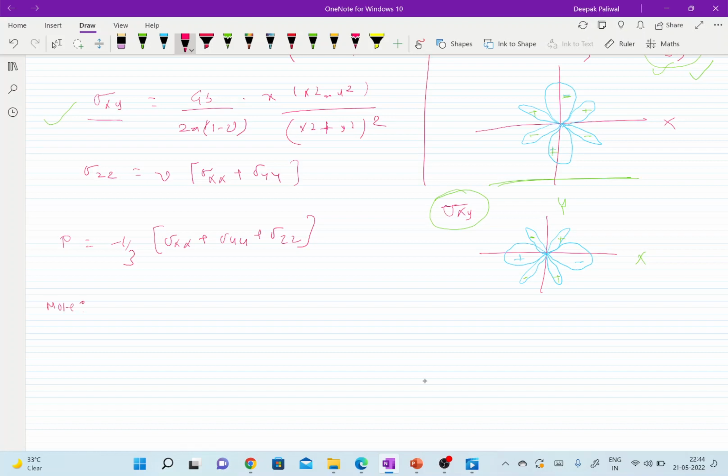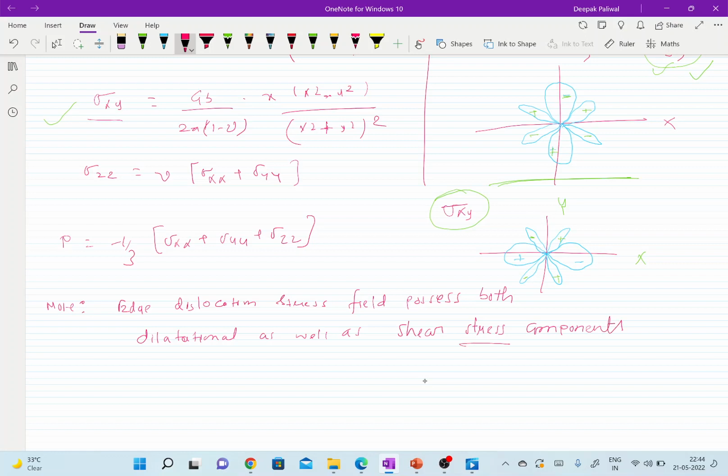Important note here: the edge dislocation stress field possesses both dilatational as well as shear stress components.